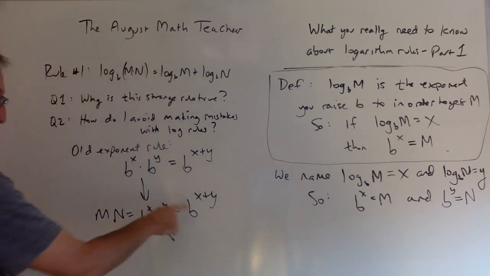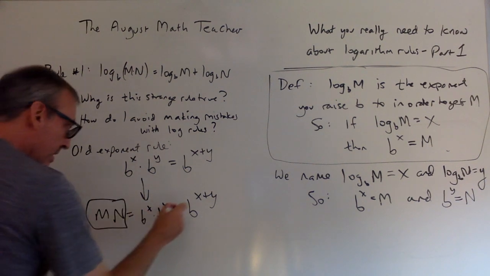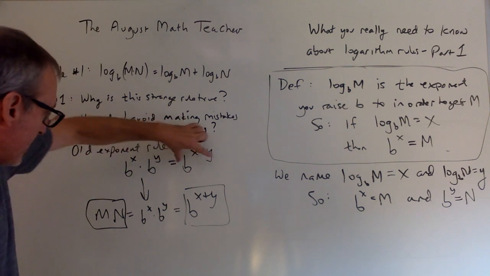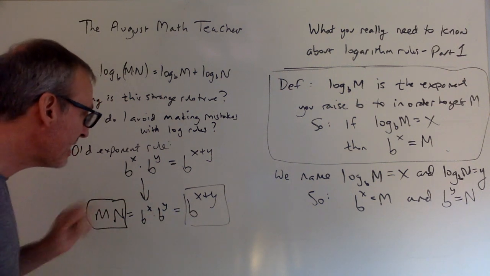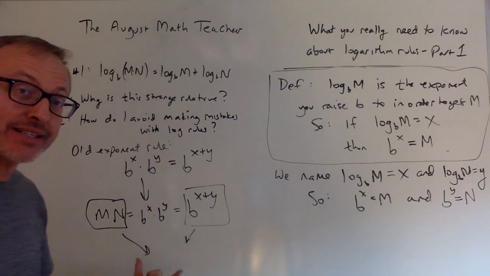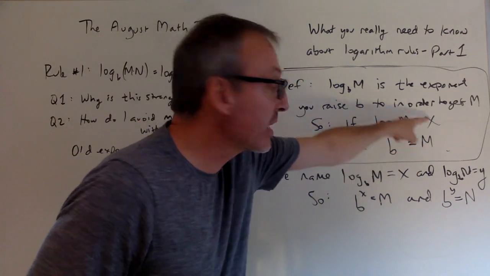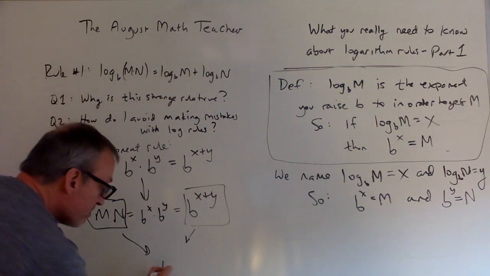This is equal to b to the power of x plus y. And now I want you to look at these two things. Just written in a slightly different form, all this is saying is that m times n is equal to b to the x plus y. But now take that equivalence and write it in its exponential form. Remember, when we have a number to a power equals a number, we can write it as a log. We're going to write this as a log. The log is base b.